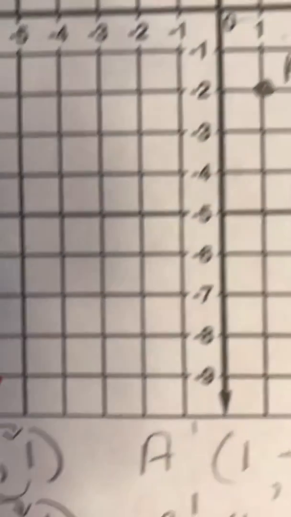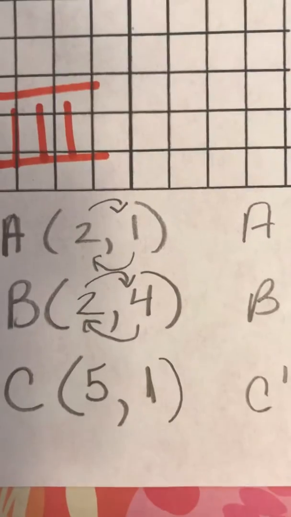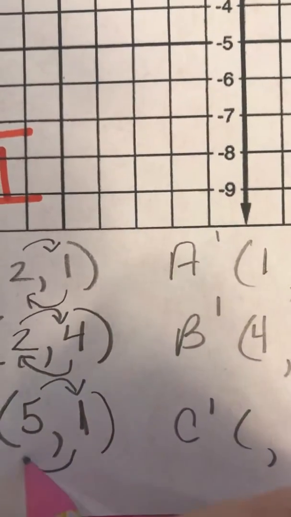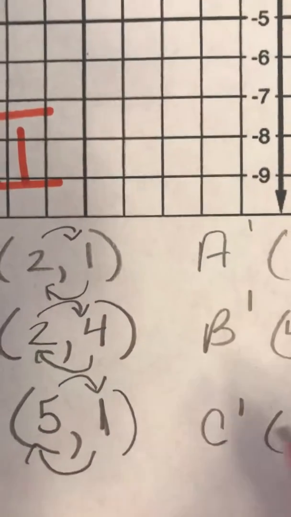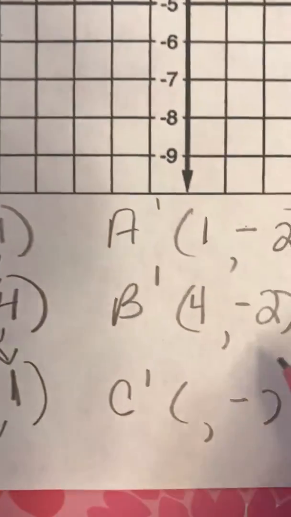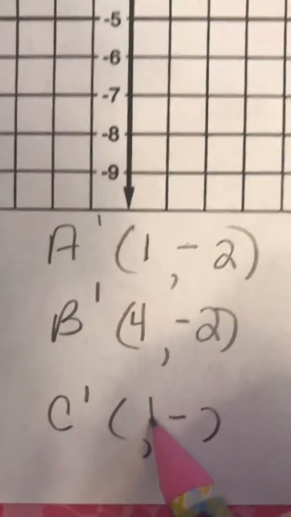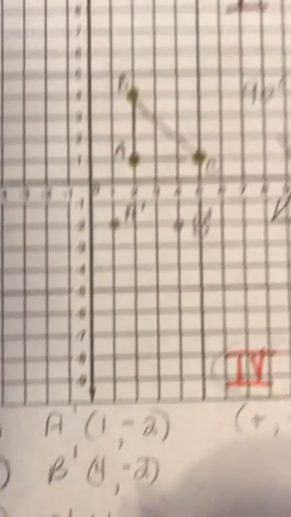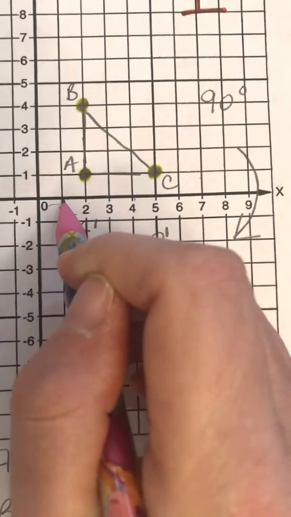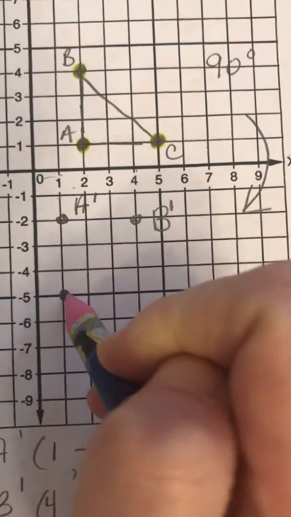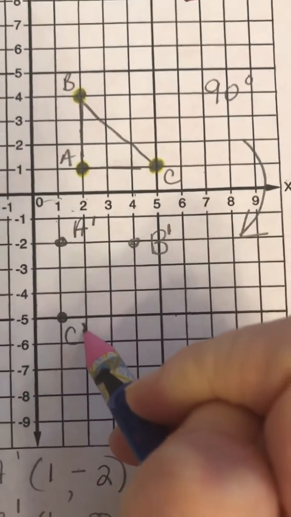And then my C, which is here, (5, 1), the x and the y switch places. 1 goes to the x, 5 goes to the y. So I get (1, -5). So I come up here, (1, -5). And I have C prime.